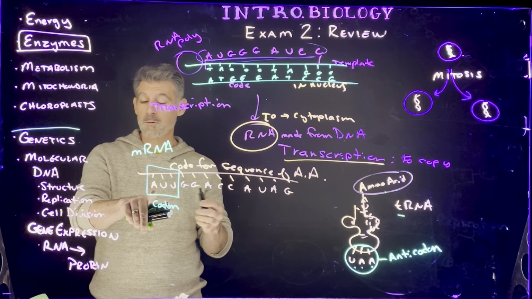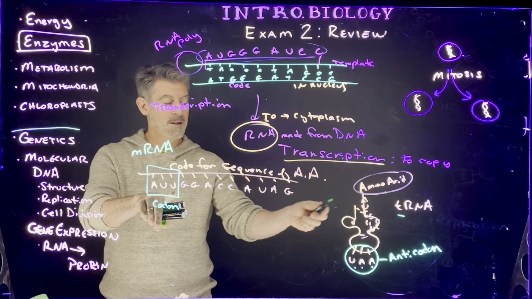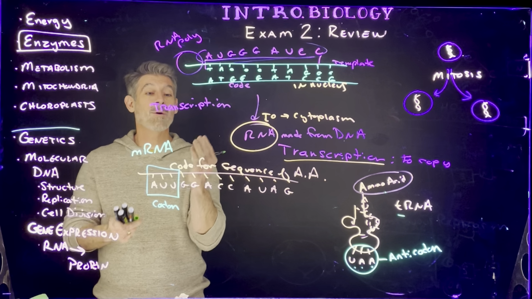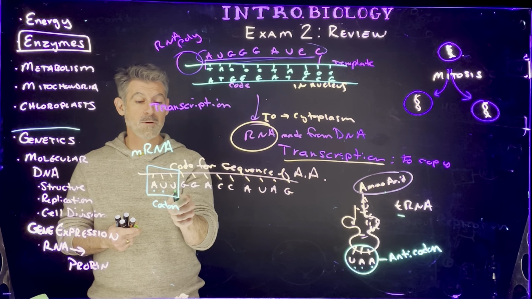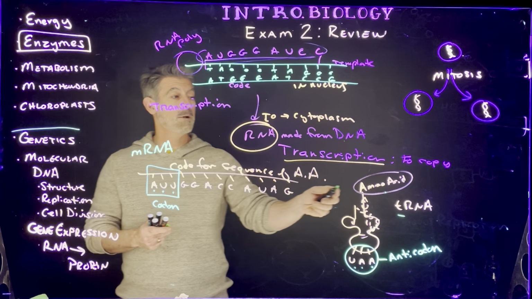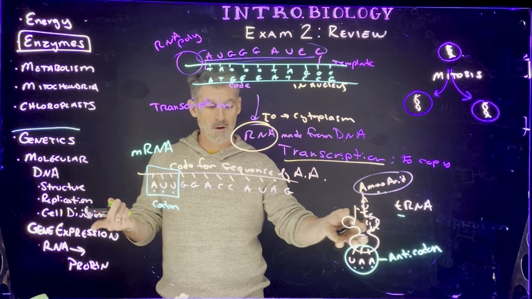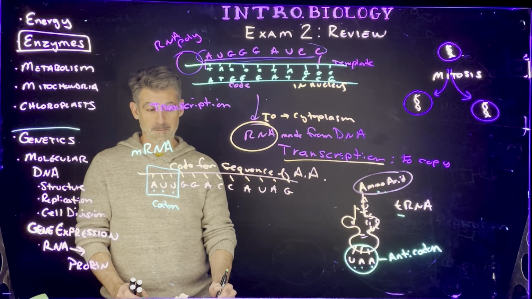So see, base pair rules, A with U, U with A, U with A. So these 2 things would actually match up with one another. And what that means is that this code, A, U, U, would code for whatever this amino acid is. And this transfer RNA would be the go-between, the way that it's being translated.